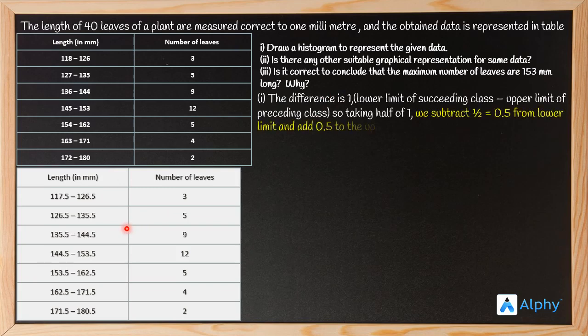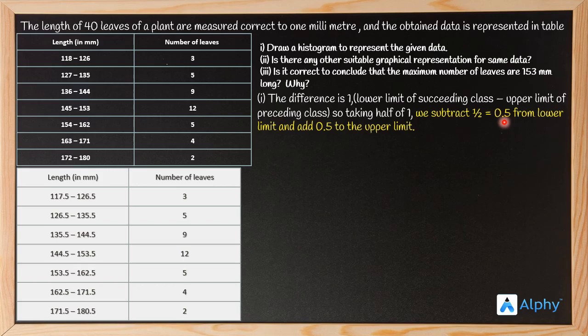This difference is nothing but the lower limit of the succeeding class minus the upper limit of the preceding class. For example, for these two class intervals, it is 127 minus 126, which is equal to 1. Now we need to take half of this difference. So taking half of 1, we get 0.5.